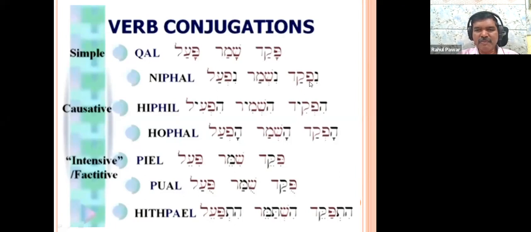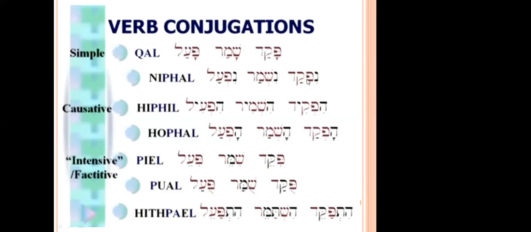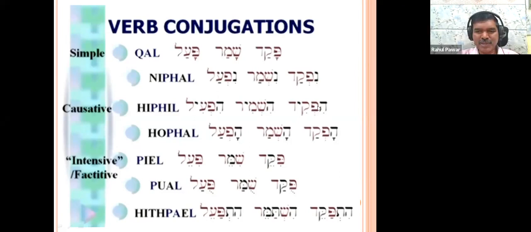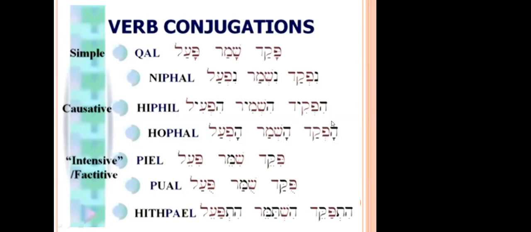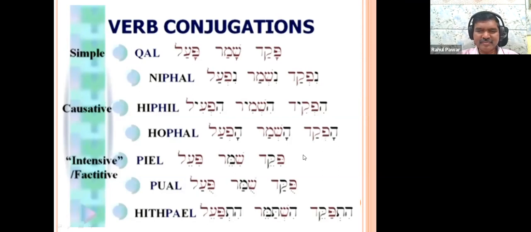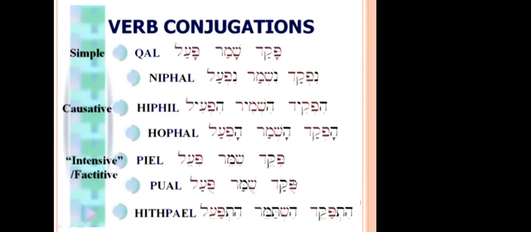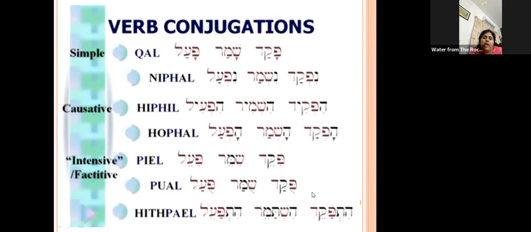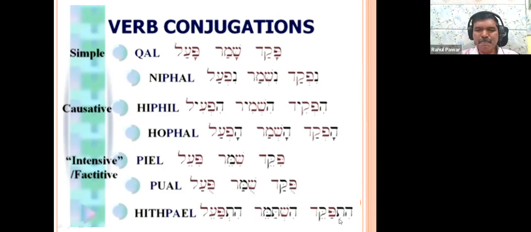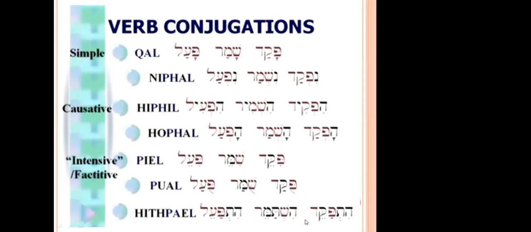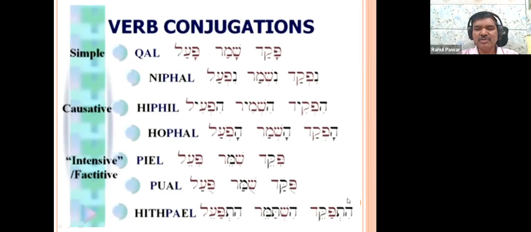So here it is nifkad. Say nifkad. Then hifkid, hofkad, then pikked, pukkad, and hitpaked. Hitpaked: he caused me to visit, or he caused me to remember.